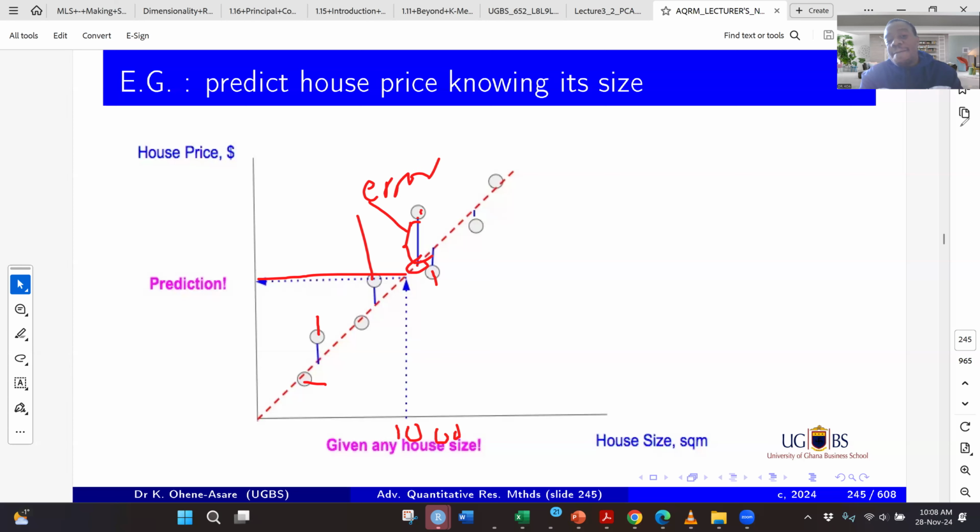And you can see that when you are above the line, your error is positive. When you are below the line, your error is negative. Our goal is to minimize your error so much that you don't have any error. That means you are now on the line. It means that your actual is now equal to your expected.